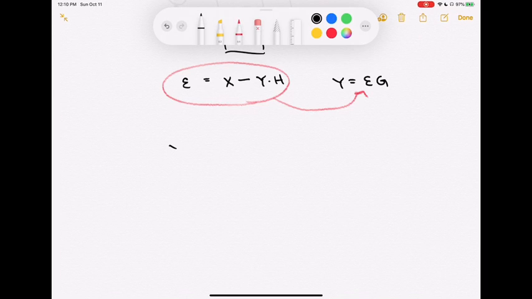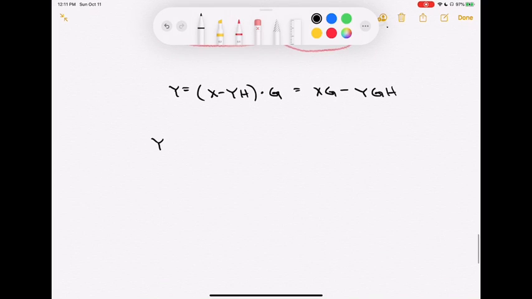I'm going to get y equals, and I'm going to have x minus yh, times g, something along those lines. Go ahead and multiply out those terms on the right-hand side. I'm going to get xg minus ygh. I'm going to rearrange this so I can get all the y's on one side.